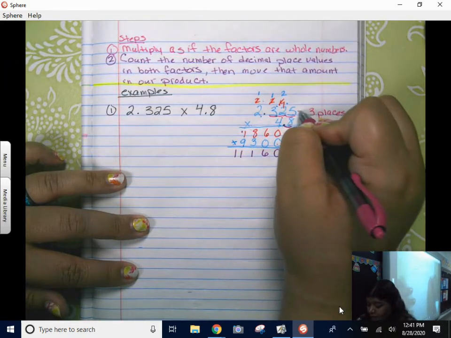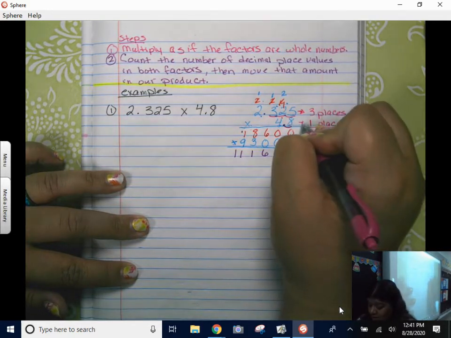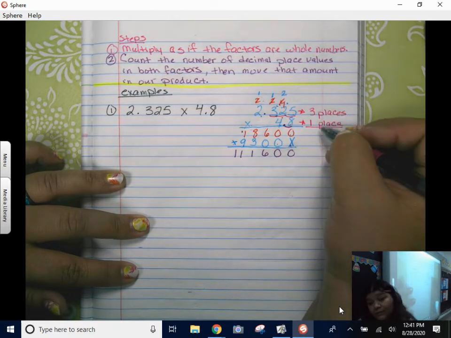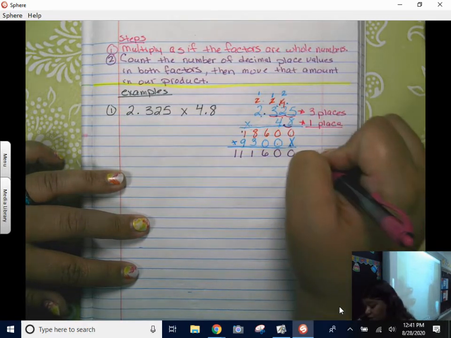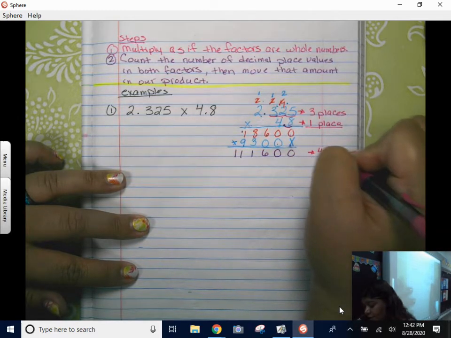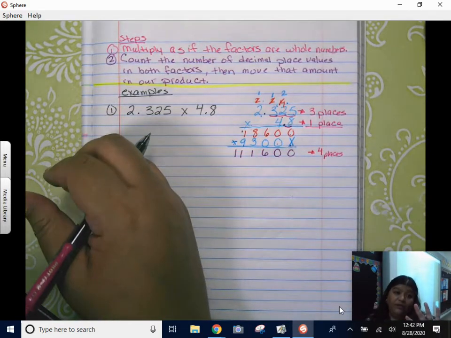So first factor, I have 3 decimal places. Second factor, I have 1 decimal place, which means when I add them up together, I need to make sure that I move my decimal 4 places.